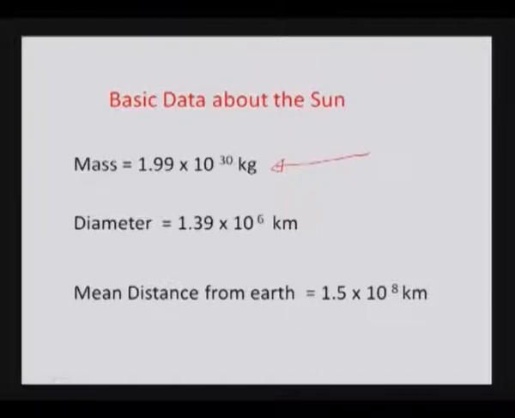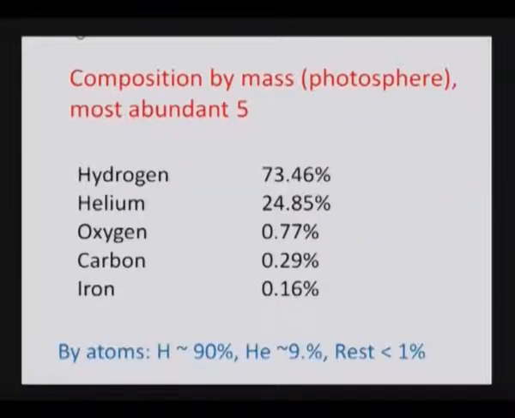Then diameter is 1.39 into 10 to the power 6 kilometers, which is approximately 109 times the diameter of the Earth. 109 is quite close to 108, supposed to be a very good number in our Indian culture. Then the mean distance from Earth is 1.5 into 10 to the power 8 kilometers.